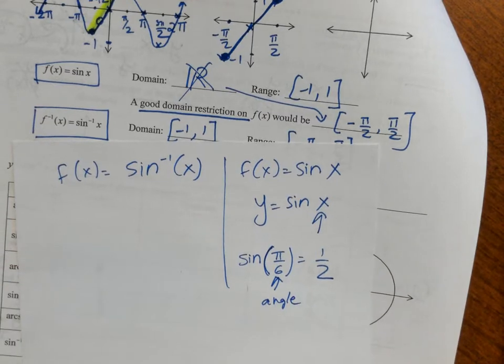An angle, right? Sine, cosine, tan, all the trig functions, the inputs are angles. I know math is abstract, but we should be able to think about functions in terms of inputs and output. When you're talking about a trig function, the input is an angle. What is the output?